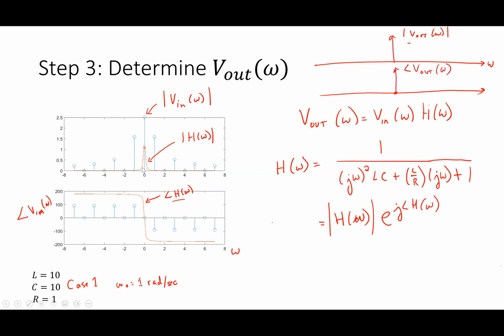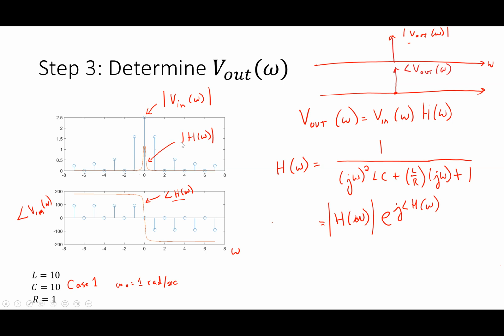Now, when I look at this, what this is doing is filtering. So what does it mean to filter? It means to get rid of certain signals. So when I look at this particular H of omega right here, what type of filter would this be? Does it look like it's keeping low frequencies or high frequencies?